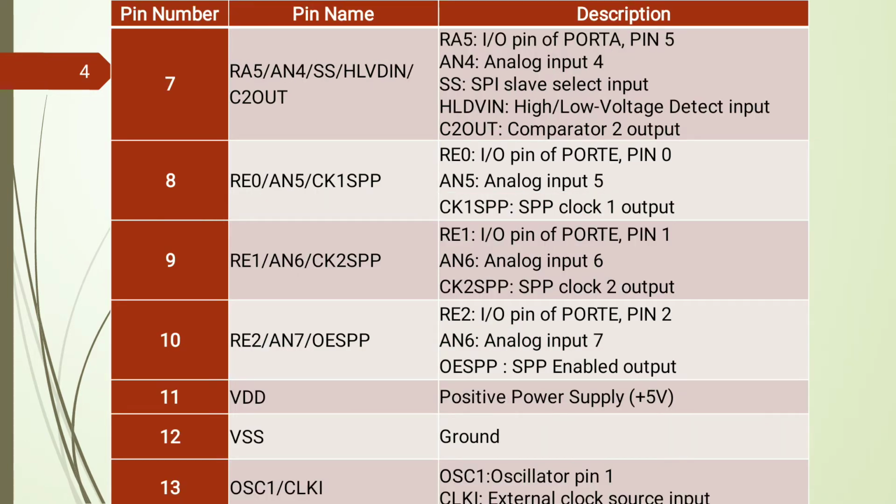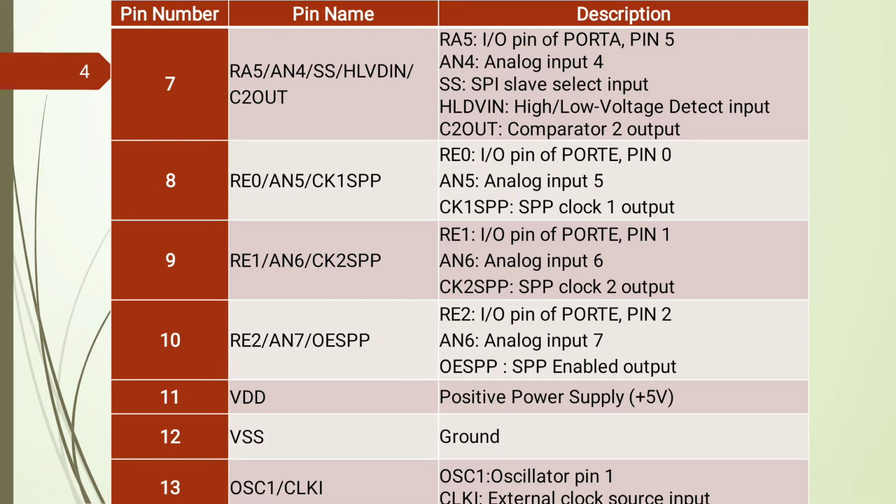After that, the next port is port E, that is RE0, RE1, RE2. As per the pin numbers, similar functions are there for the port as IO pins, and the additional pin functions are analog inputs 5, 6, 7.